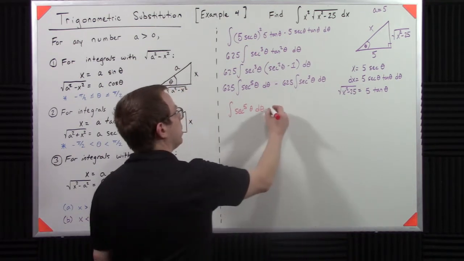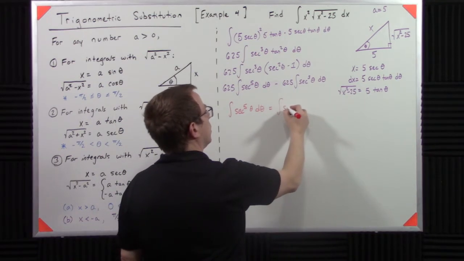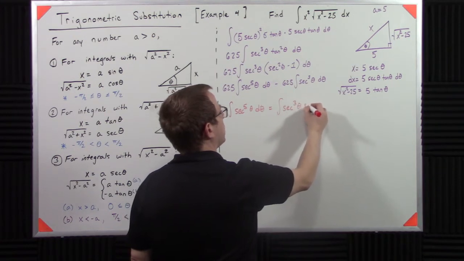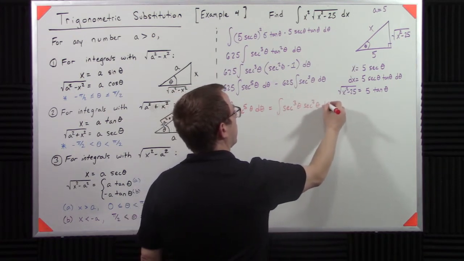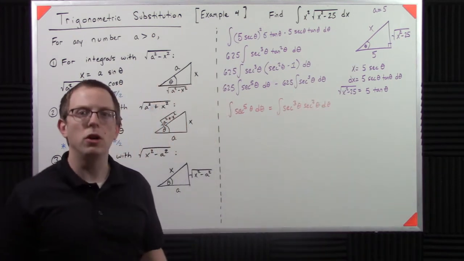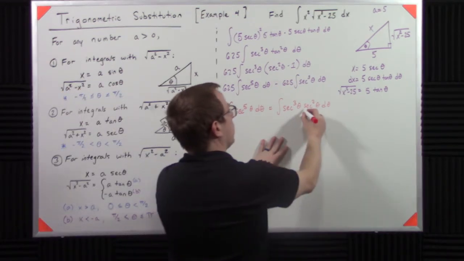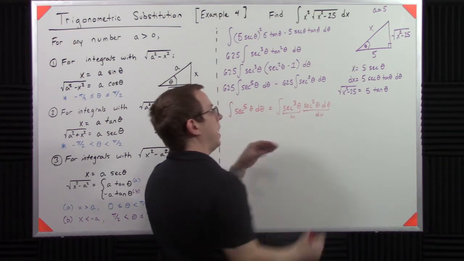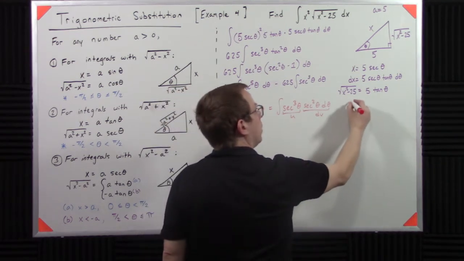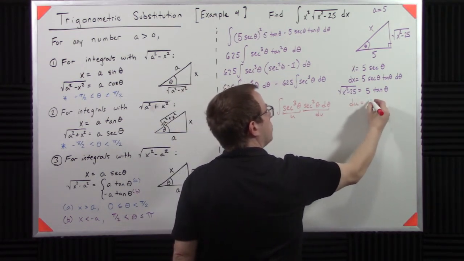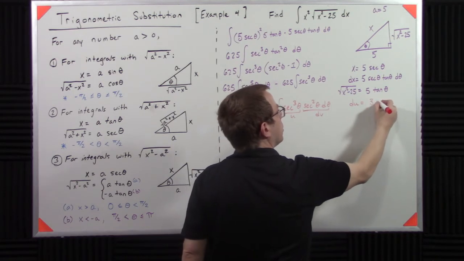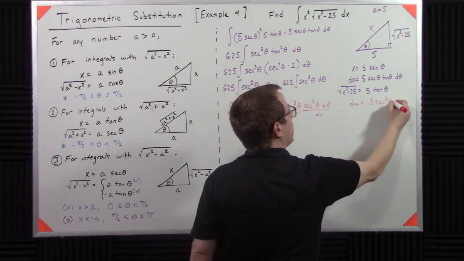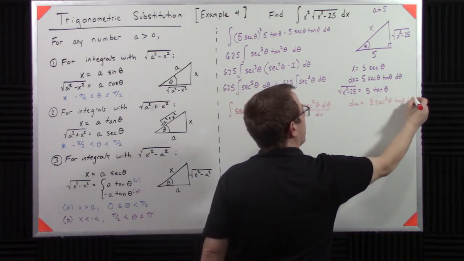You're going to say, all right, that's secant cubed theta, secant squared theta d theta. And then you're going to take this to be your dv and that to be your u. So du is going to be 3 secant cubed theta tangent theta d theta.